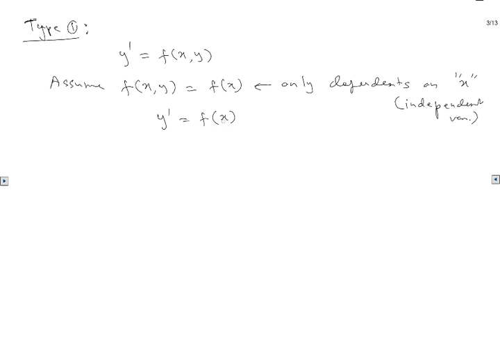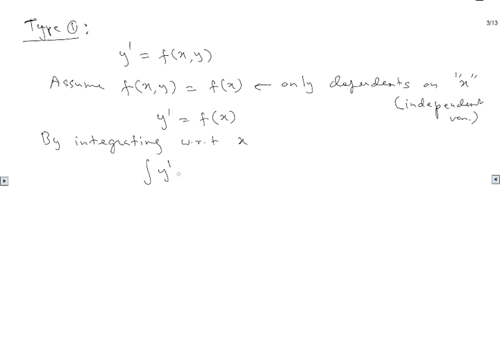So what we can do in this case is just integrate. By integrating with respect to x, the independent variable, you can integrate both sides.